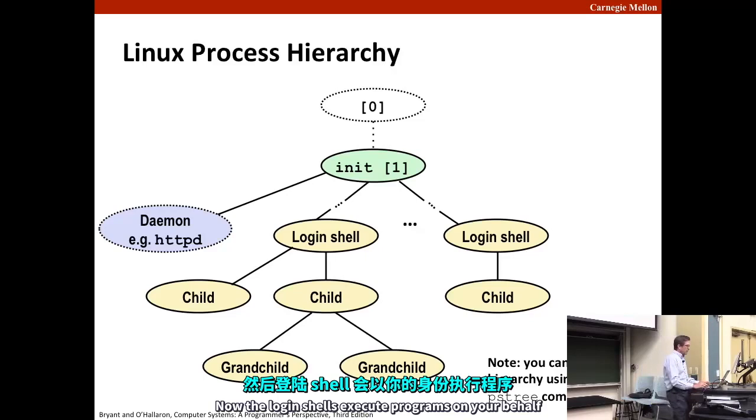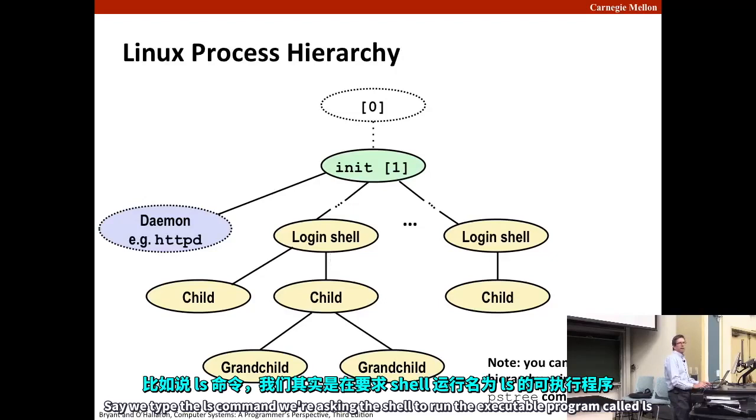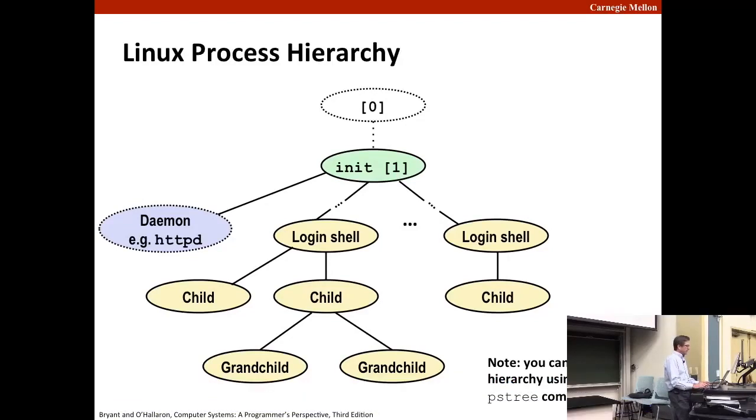Now, the login shells execute programs on your behalf. So when we type something into the shell, say we type the ls command, we're asking the shell to run the executable program called ls.